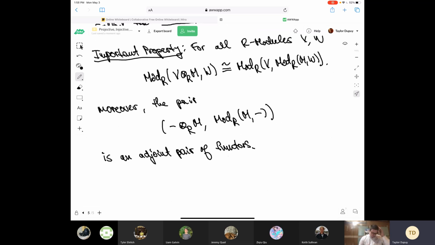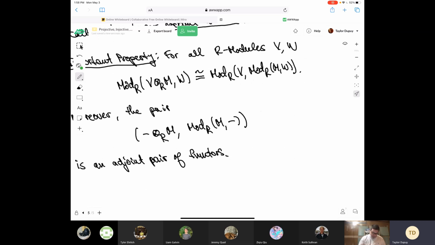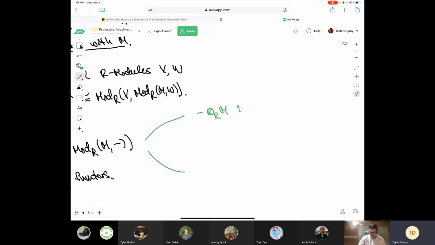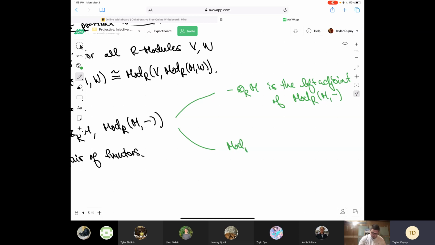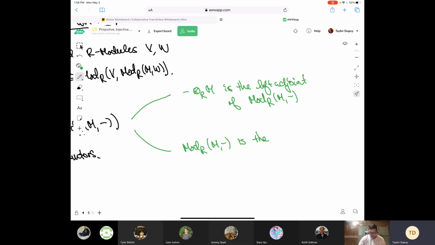Okay, and so again, the terminology here is that the two ways we can say this are that this thing here is a left adjoint of this thing, or we could say equivalently that this thing is the right adjoint of this thing.